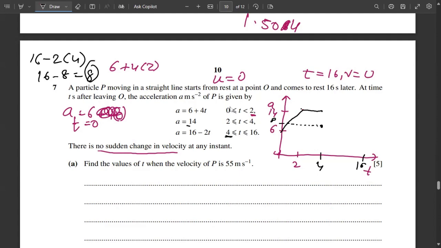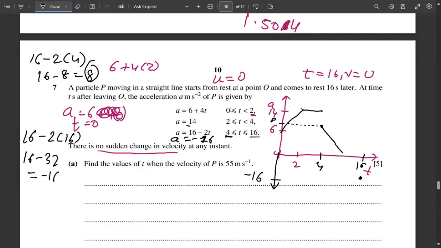And at 16, 16 minus 2 into 16, 16 minus 32, which is minus 16. So that means at 16, acceleration will be minus 16. So drawing a graph minus 16 here. So this is how a graph will look like.